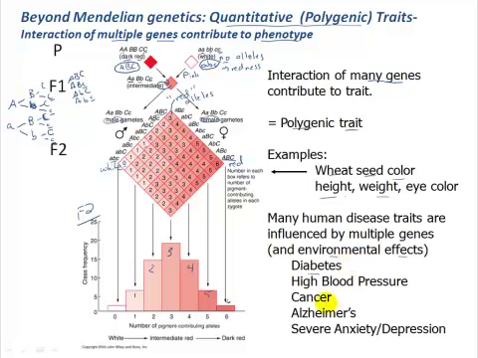But most of these complex diseases that we see in humans are influenced by multiple genes, not just one gene, one trait. So that's polygenic inheritance.